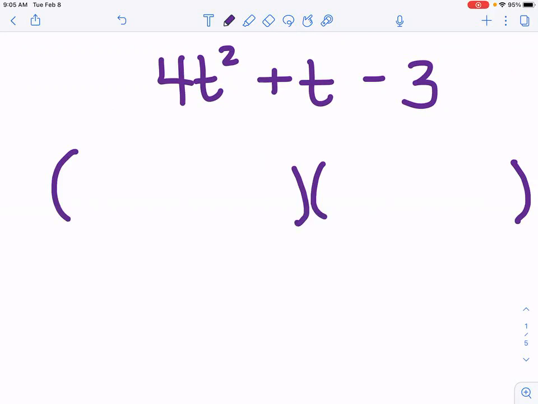Okay, so let's see if we can factor this expression right here. Well, what multiplies to 3? 1 and 3. Okay, now we know one needs to be positive, one needs to be negative. We'll figure that out in a little bit. Now we have two different options for 4t squared. What do you want to try first? Okay, so we could have 4t and 1t.